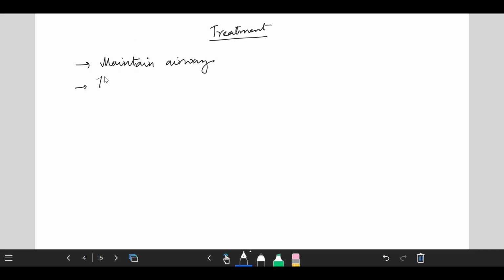Third, we have seen in the signs and symptoms that tremor occurs, so we need to treat the tremor or convulsions: control the convulsions with the help of anticonvulsive medication.